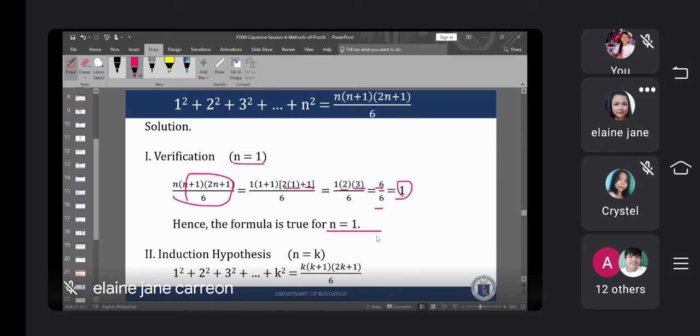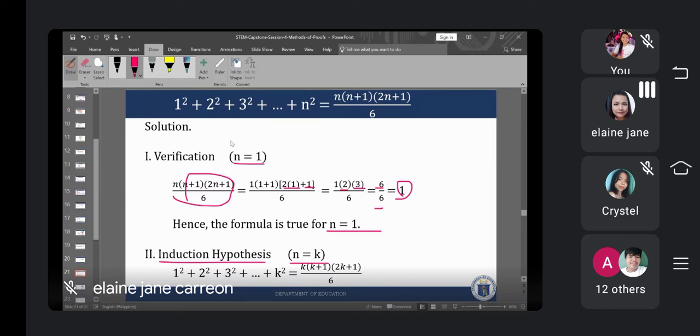Okay? Remember mathematical induction, we are trying to prove 3 stages. N is equal to 1, n is equal to k, and n is equal to k plus 1. Okay? Now, in number 2, stage 2, induction hypothesis, n is equal to k. So, we just let, kasi gagamitin natin to later, n is equal to k.